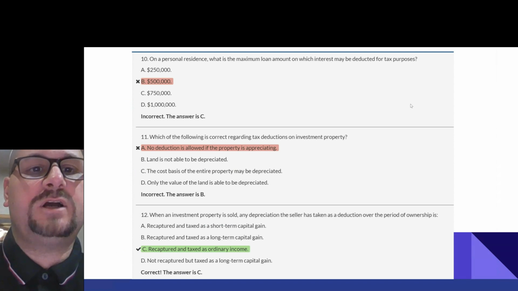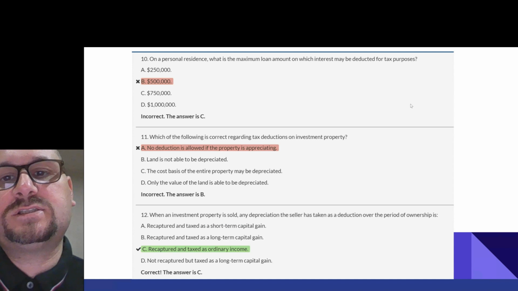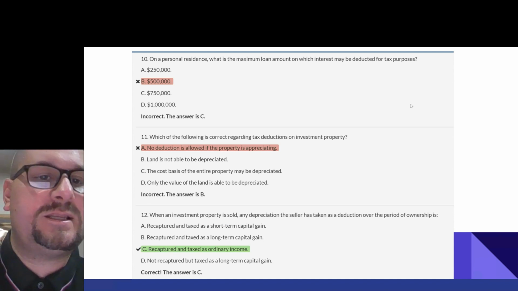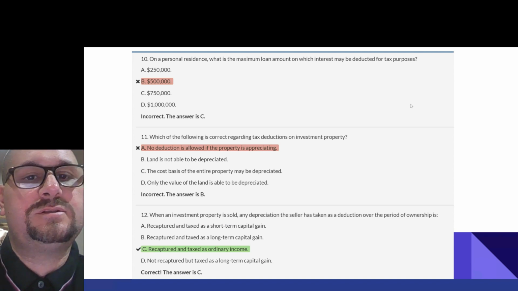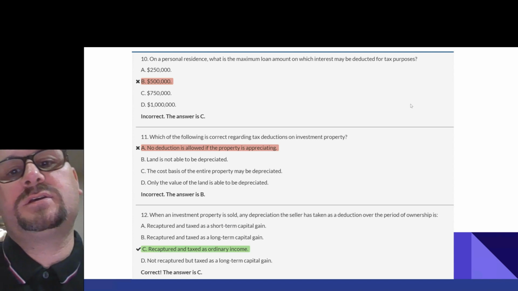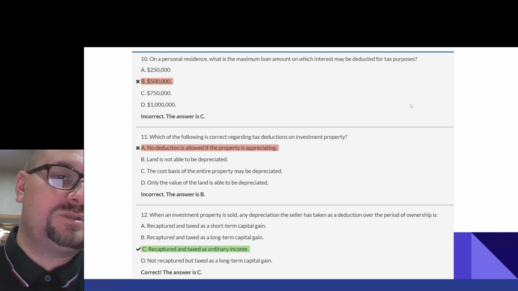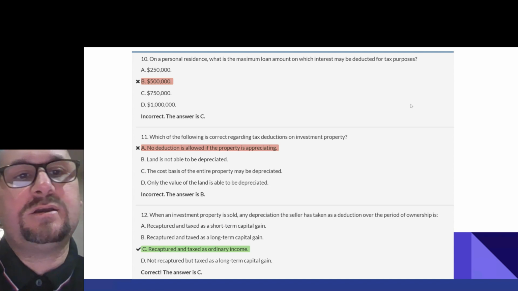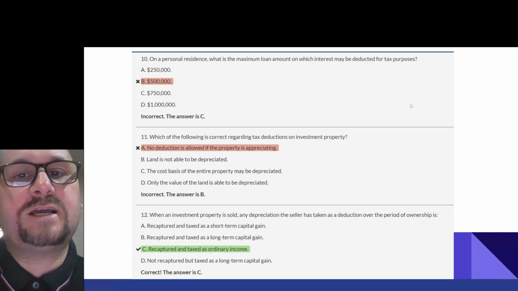Which of the following is correct regarding tax deductions on investment property? B, land is not able to be depreciated. You can't depreciate land, or a personal residence, on tax deductions.